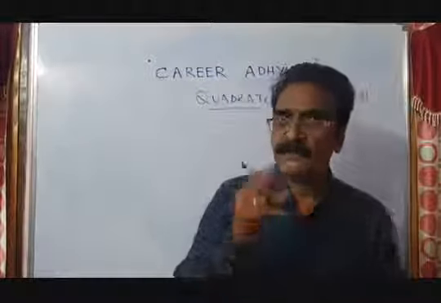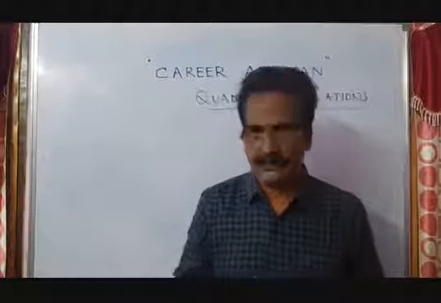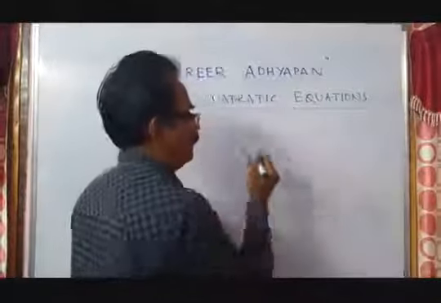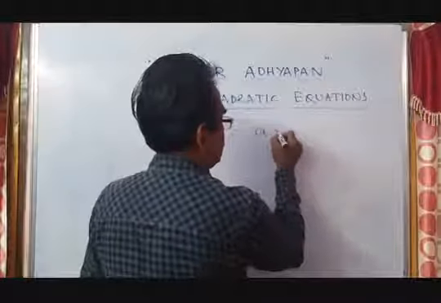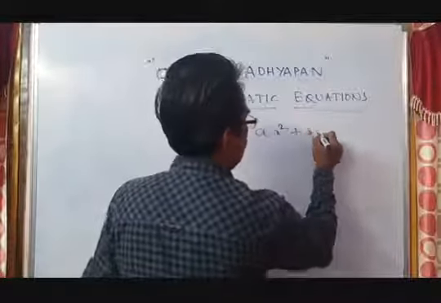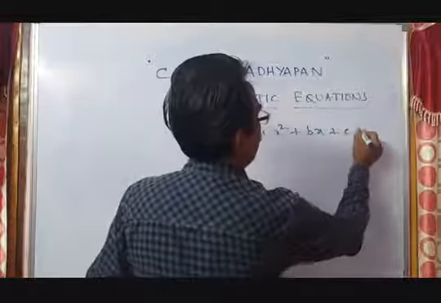See, for this you need to know the nature of the roots. You know the nature of the roots of ax square plus bx plus c equal to 0. This is the standard form of a quadratic equation.